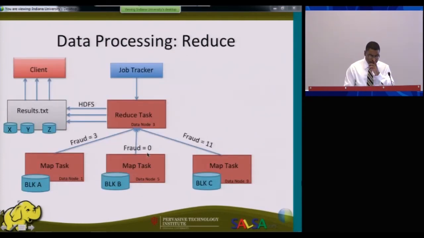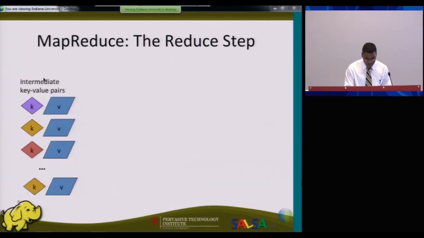Now let's talk about the reduce. I have my mappers producing all of these enumerations, and then I have my reduce, which sums them up. And I store that on the HDFS so that the results can be viewable to the client. In my reduce step, I have from my mapper a set of key and value pairs.